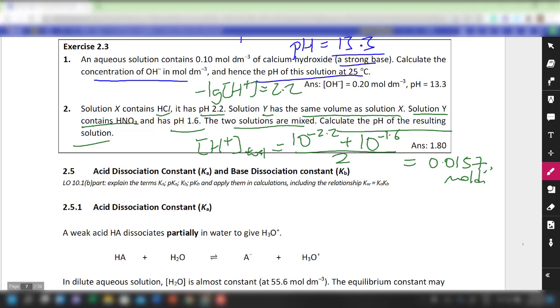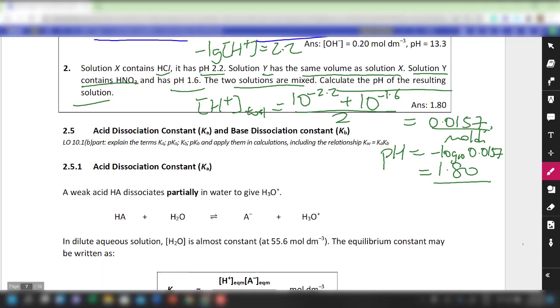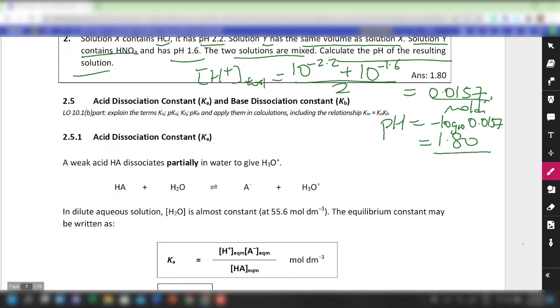Then I will calculate my pH based on this concentration, which is minus log base 10 concentration of H plus, and I'm going to get 1.80.